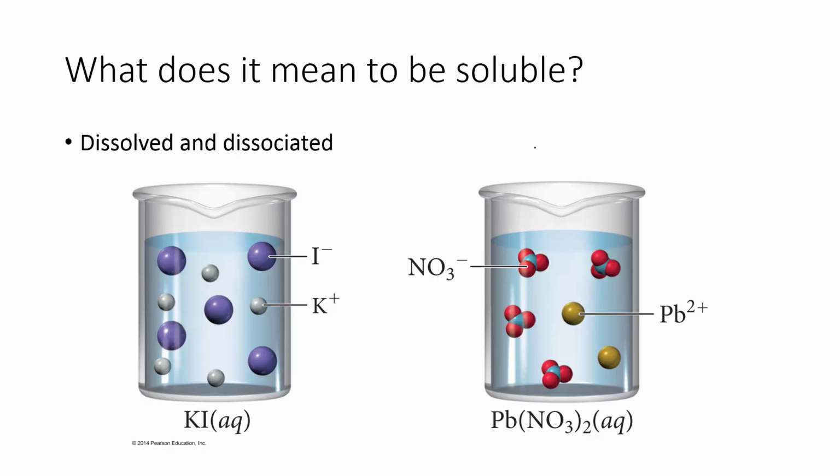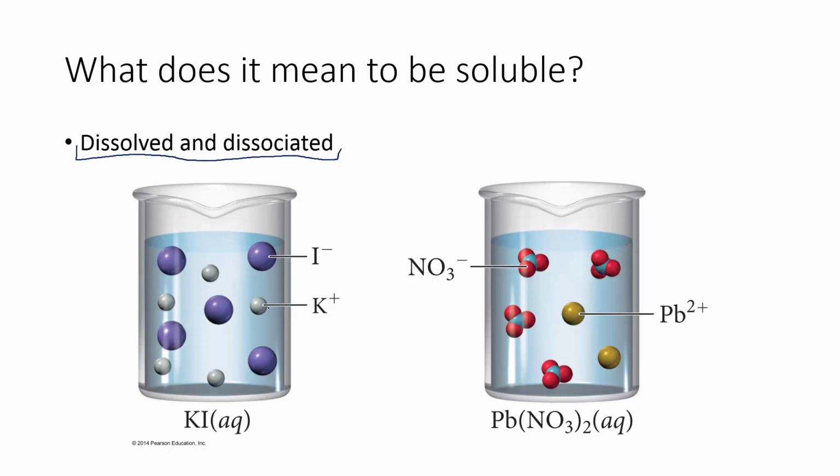So what does it mean to be soluble? First, we have to understand what insoluble means as the end of a reaction. If I have potassium iodide as an aqueous solution and lead nitrate as its own aqueous solution, soluble means that all of the ionic bonds are broken and the individual ions are dissolved and surrounded by water molecules.